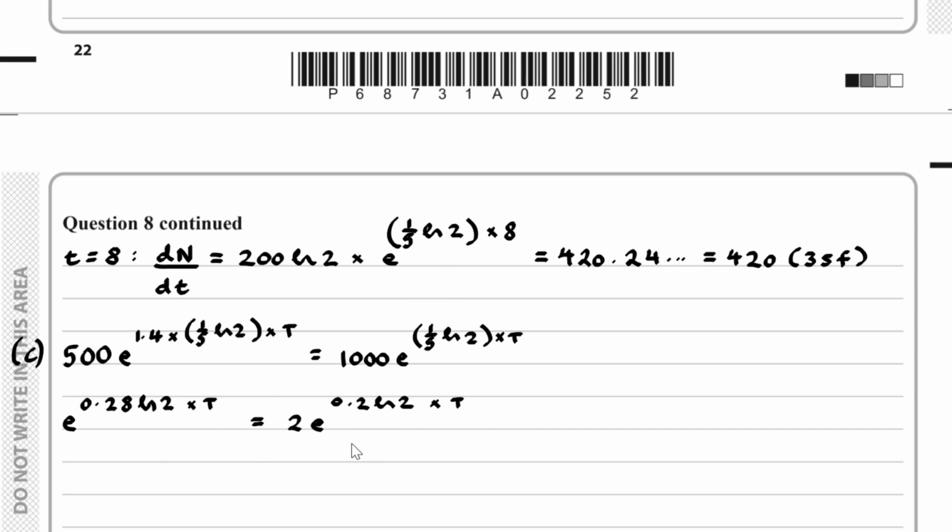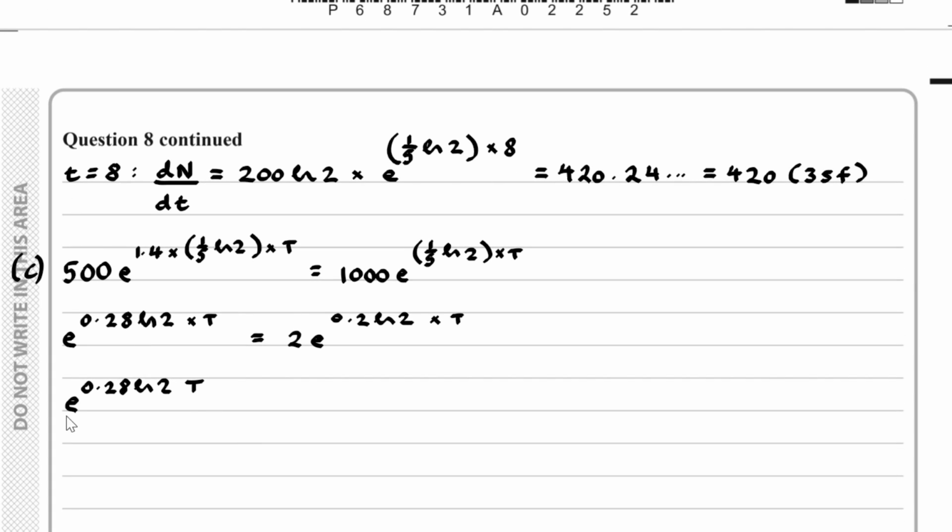If we divide these by each other, we have e to the power of 0.28 times the natural log of 2 times t divided by e to the power of 0.2 times the natural log of 2 times t.